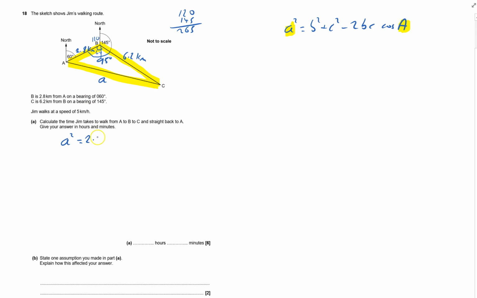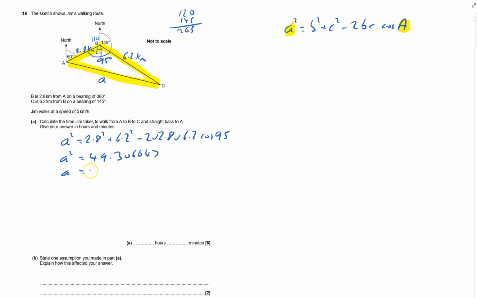So that'll be 2.8 squared plus 6.2 squared minus 2 times 2.8 times 6.2 times cos 95, and that says that a squared equals 49.306047.